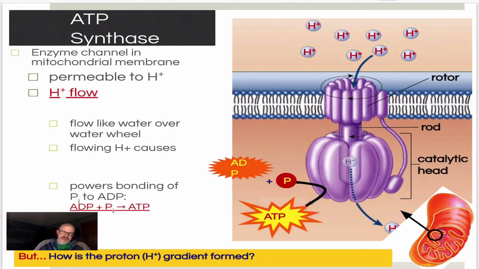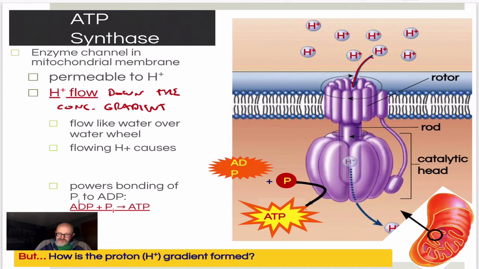And again, we're going to dig into this question, but there is a very specific way that this all happens. So, basically, the membrane is permeable to hydrogen ions. Hydrogen ions flow down, right, down the concentration gradient, much like water flows over a water wheel.